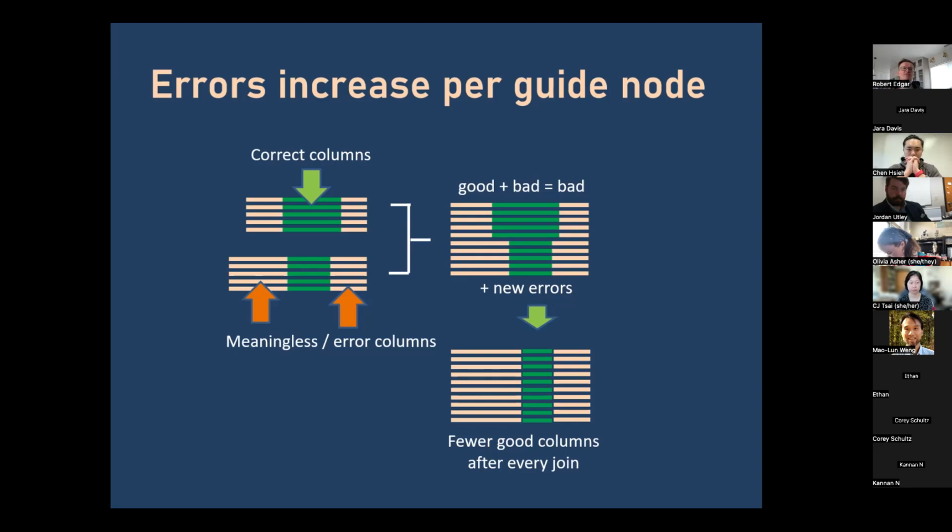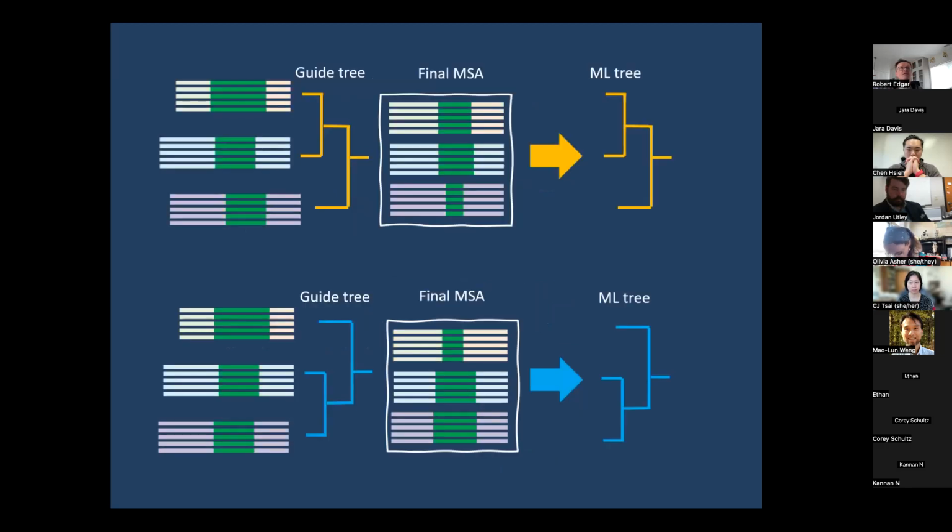This means that the systematic errors, the pattern of well-conserved columns and errors in the final tree, reflect the guide tree that you use to build it. So if you then take that alignment and give it to RAxML or QuickTree or whatever, those systematic errors can get reflected in the maximum likelihood tree.